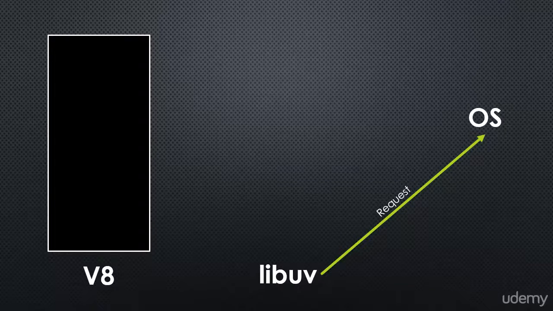Let's say it requests to download something from the internet or to open a file. And libuv inside of it has this queue, a queue of events that have completed. And this may be happening simultaneously while V8 is running its code.